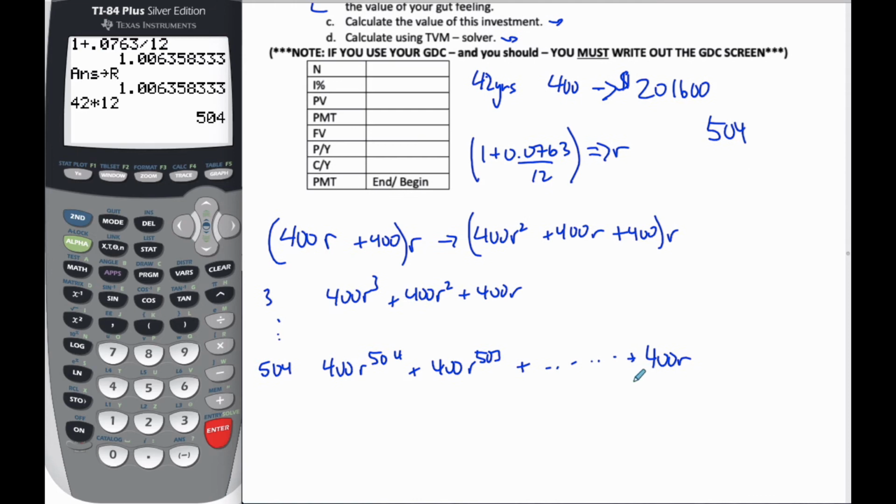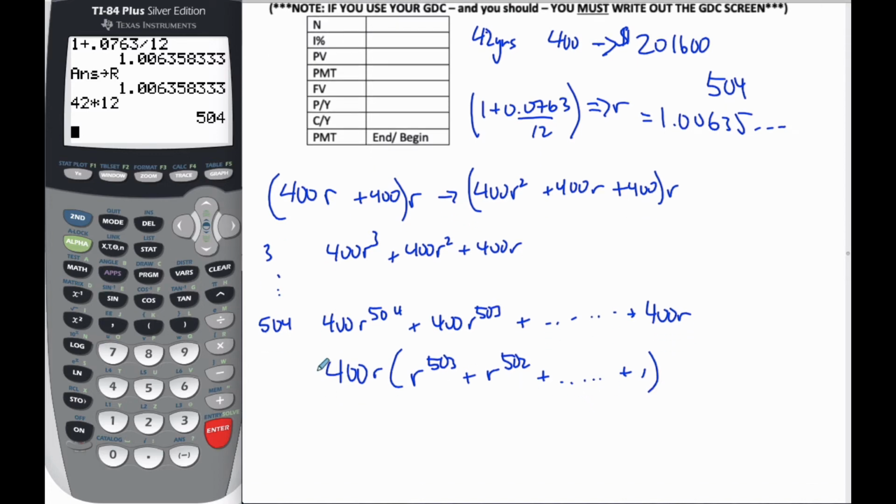Now I need to add all this money up. Remember, R was this value here, 1.00635 and so on. Let's make life easier on ourselves and factor out a 400R. And so I have R to the 503 plus R to the 502 plus all the way down to plus 1.